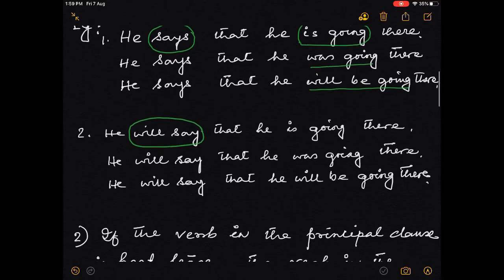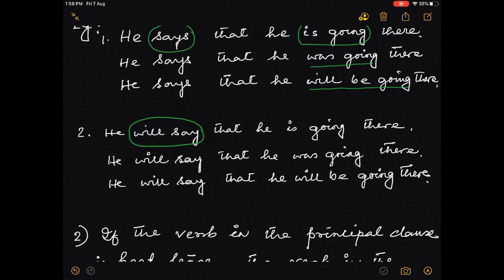Here, the verb in the principal clause is in the future tense. So rule 1 is saying that if the verb in the principal clause is in the present or the future tense, then the verb in the subordinate clause may stay in any tense.